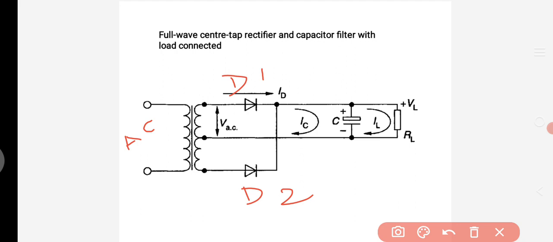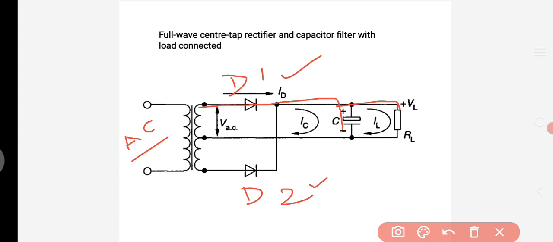That means at a time only one diode is switched on, the second diode will be off. During the positive half cycle, the input AC signal will pass through diode D1 to the capacitor, and the capacitor to the load. That's how we get the output, which is the pulsating output.